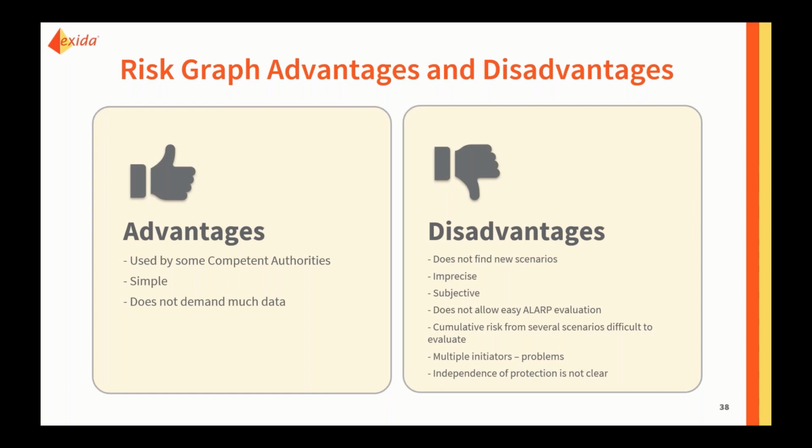However, if there's any complexity involved, these risk graphs tend to ignore that complexity and can lead to over-design as a result. Or if we're blindly applying a risk graph that has an embedded risk tolerance already in it that may not be acceptable to us, we may be inadvertently accepting a risk tolerance that is absolutely unacceptable as a result. So again, these things we need to be careful about in applying any risk graph approach.